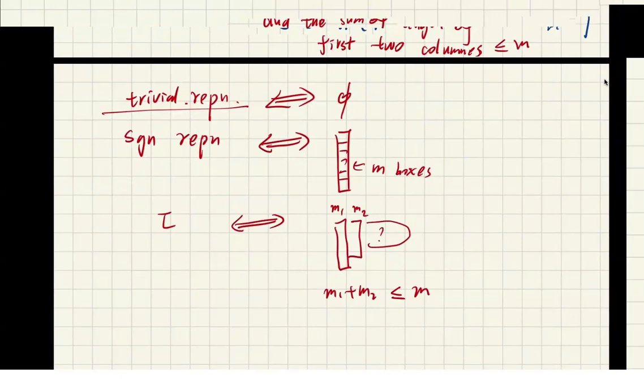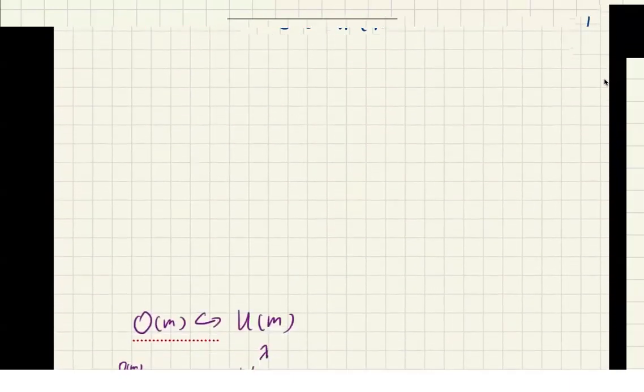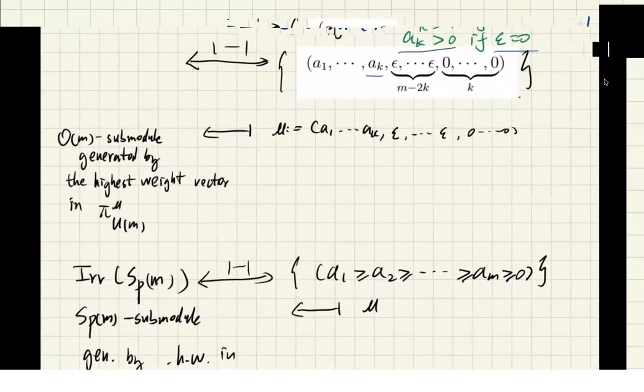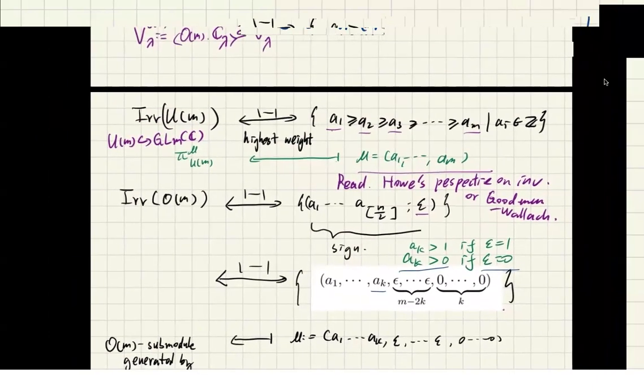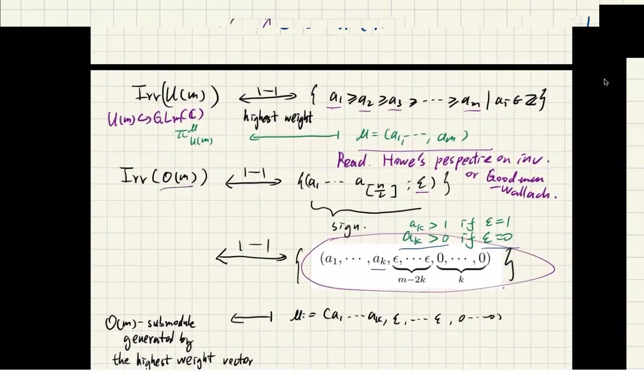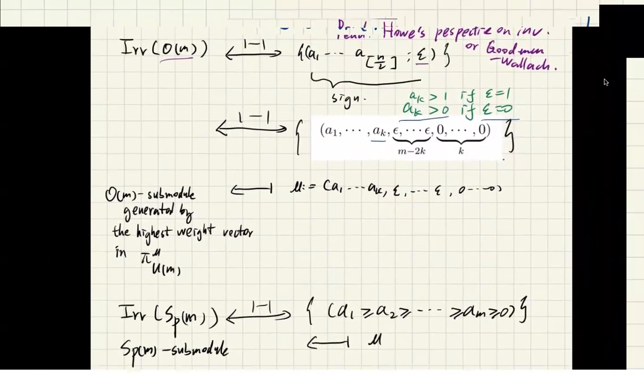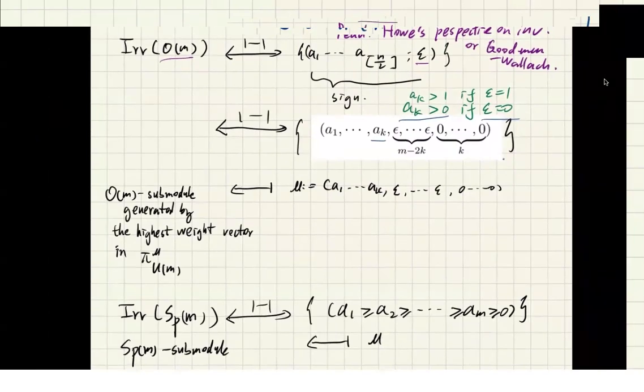Okay. And so the correspondence occurrence is dominated by this kind of expression. The OM representation occurs in the correspondence if and only if the non-zero entries satisfy a condition.